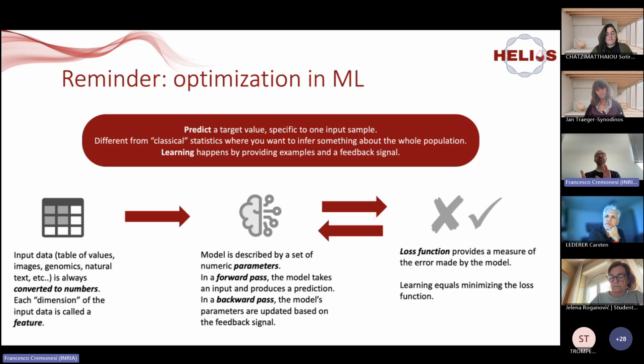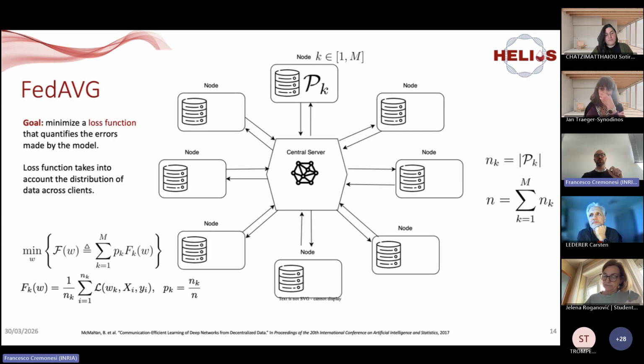If you are correct, but with low confidence, then you still want to push your model in order to be correct with more confidence. Okay? And so learning means simply attempting to minimize this loss function that you've described, because it means that you are minimizing the overall error that you're making. And so federated averaging takes this idea and brings it to the federated world.